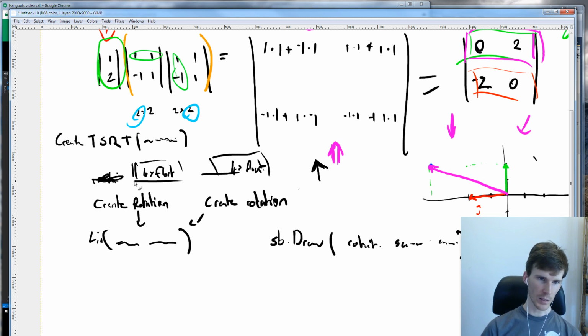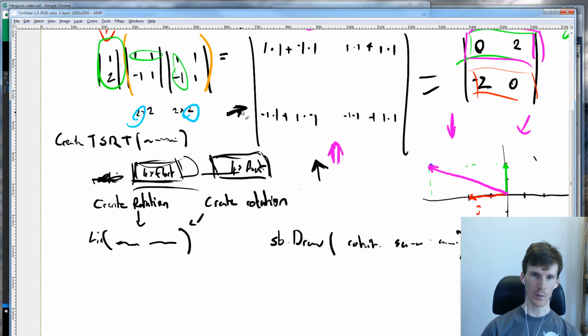Once you collapse it down, you now have only 4 floats, and you don't have to do all of the multiplication that was involved in doing the collapse.